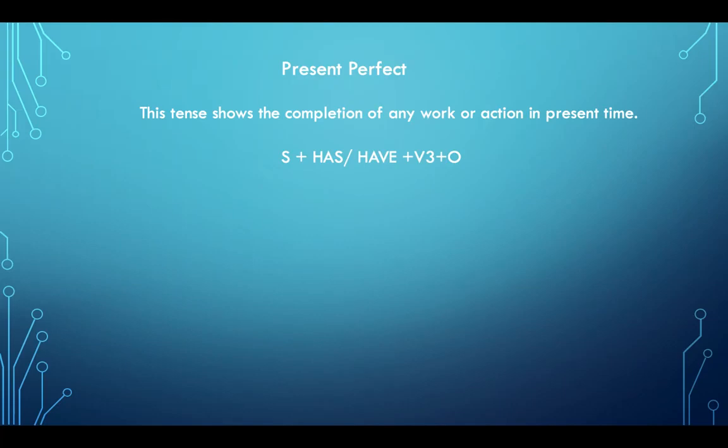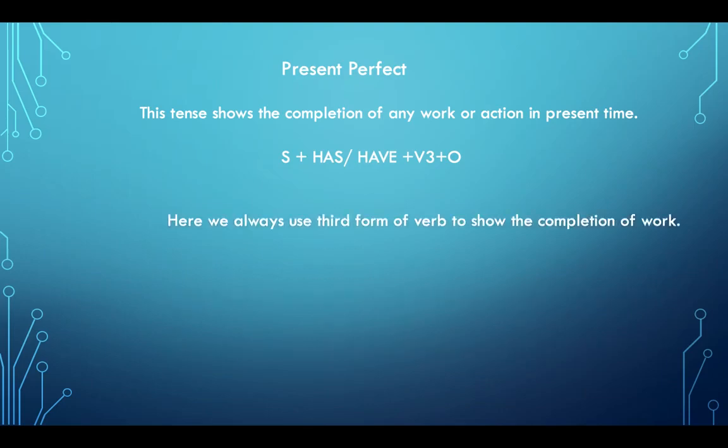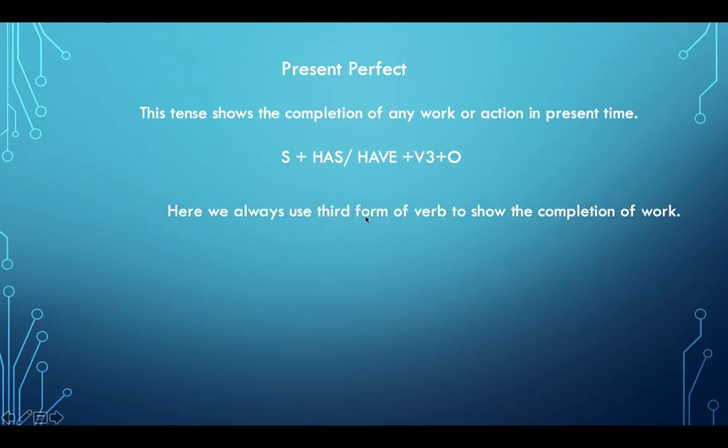So here we'll use subject plus helping verbs has, have plus verb third form plus object. Third form is always used in perfect or in past. Here we always use the third form of the verb to show the completion of work, as I already mentioned.